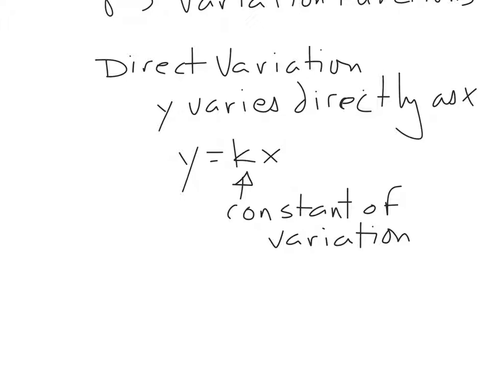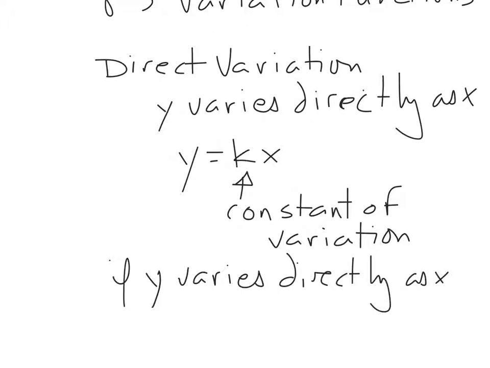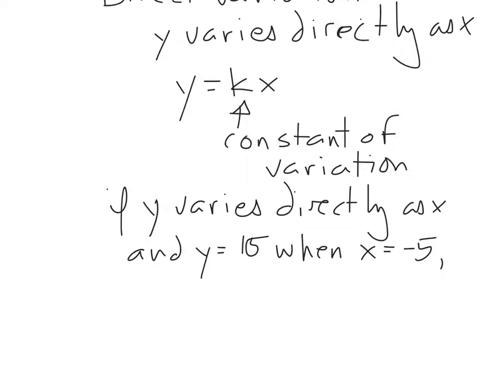If y varies directly as x and y equals 15 when x equals negative 5, then I want you to find y when x equals 7.